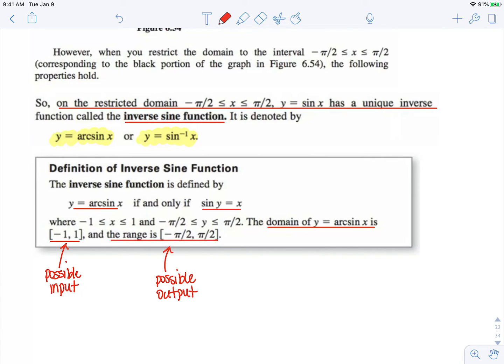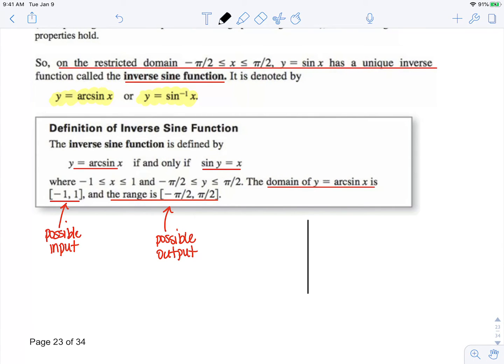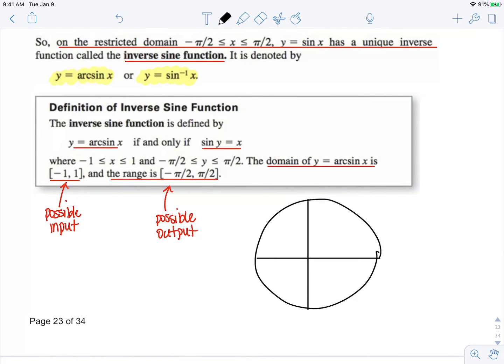So previously, when we were looking for all possible solutions for sine, we looked at the entire unit circle to get all possible solutions. Now we'll only look from negative pi over 2 to pi over 2, which graphically is the right side only of the unit circle.